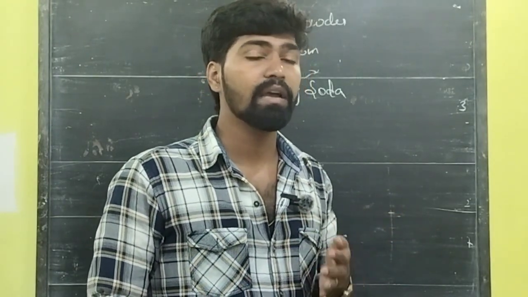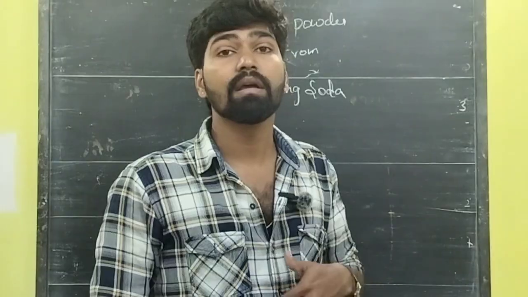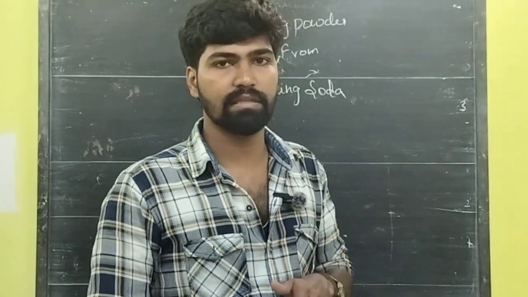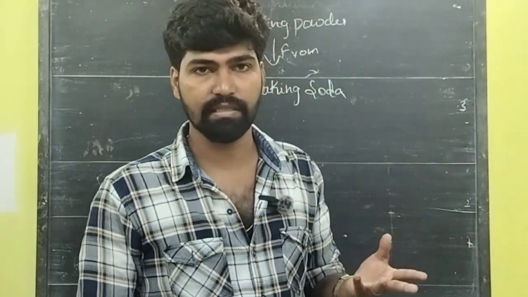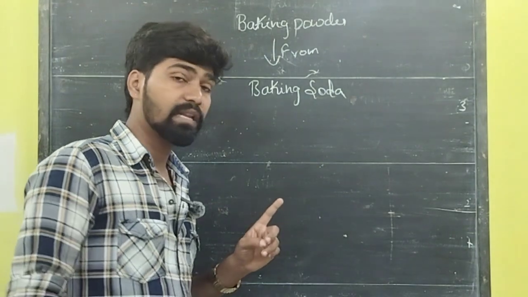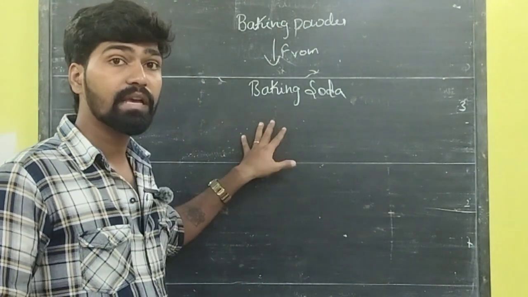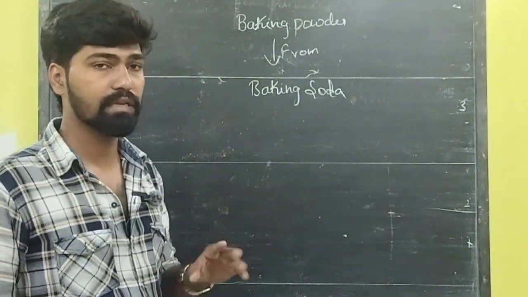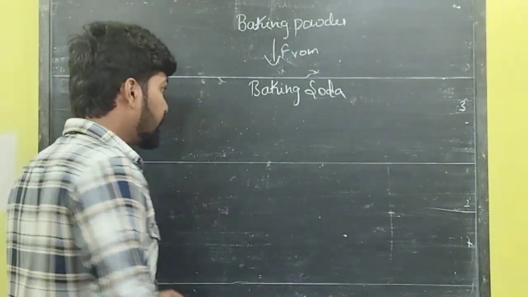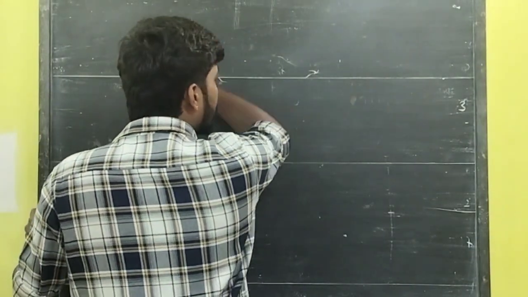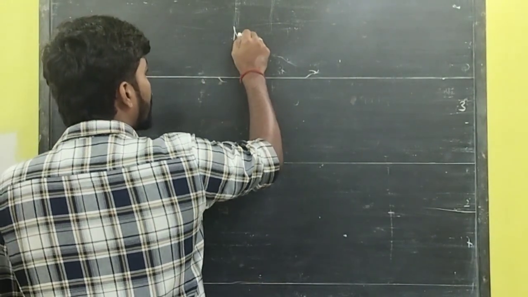In the stomach we have hydrochloric acid. If the level of the acid increases, how do we neutralize it? By taking an antacid. There I explained about magnesium hydroxide. Here baking soda can also be used as an antacid.